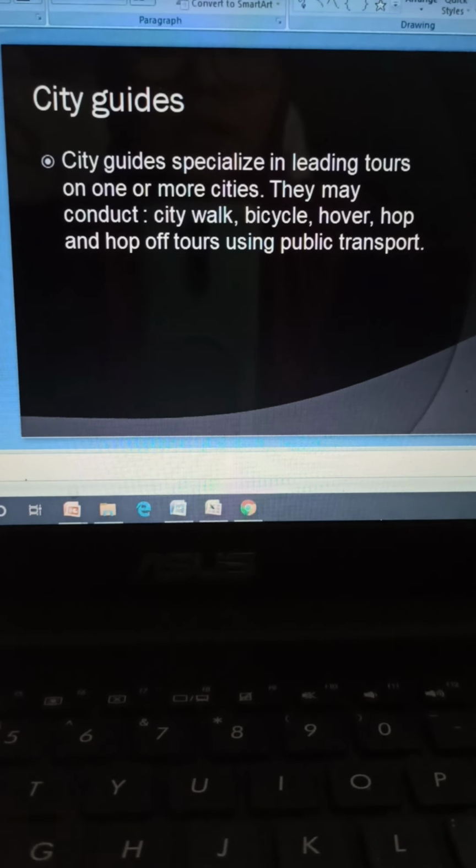Next one is a city guide. A city guide specializes in leading tours of one or more cities. They conduct city walks, bicycle tours, hoverboard tours, and sometimes hop-on hop-off buses. It usually takes about a full day or even a half day, usually not a full night for one city, but they do have night city tours.